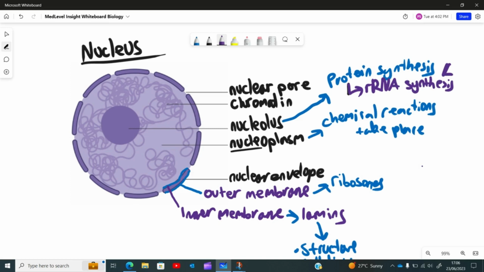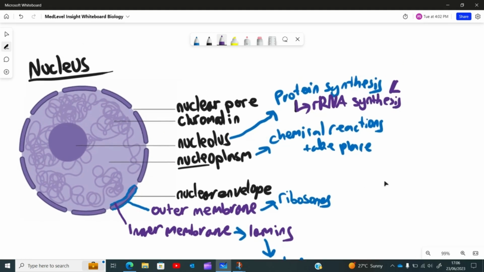And this then is used to make ribosomes. Okay, so that would be the nucleolus done.